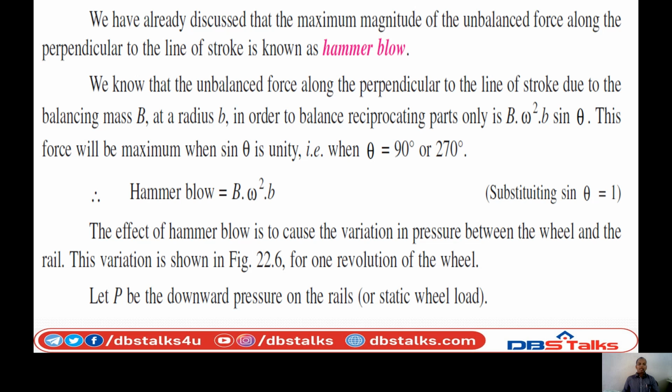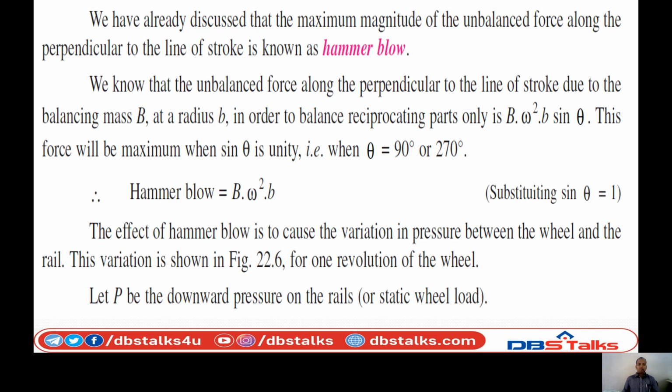This force will be maximum when sin theta is unity. When is sine unity? That is theta is 90 or 270 degrees. Therefore the hammer blow equation is B omega square b.